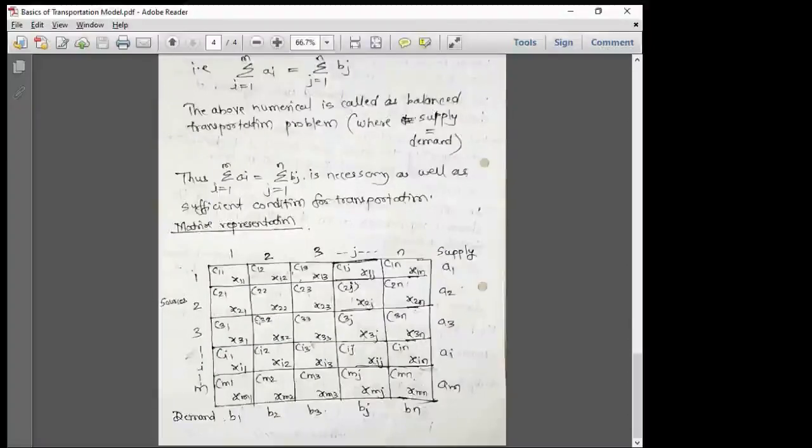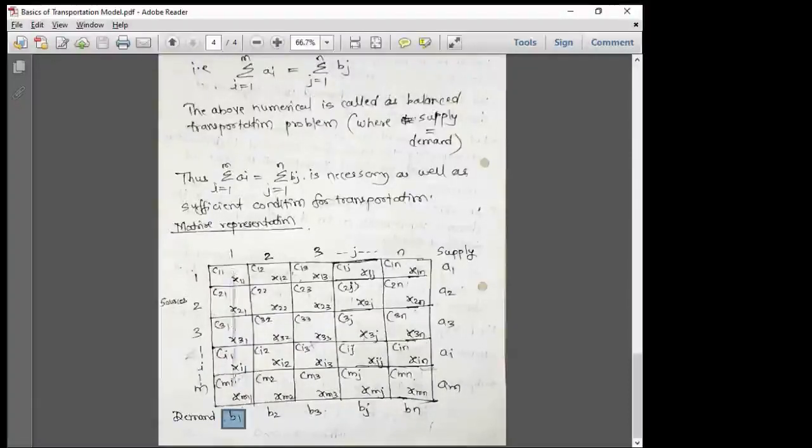Similarly, all these values of x in your row number 2 should be equal to A2. Similarly, the summation of all the values of x in row number 3 should be equal to A3, and likewise. So I think that the row-wise you have understood. Similarly, the addition of x11 plus x21 plus x31 up to xm1 should be equal to B1.